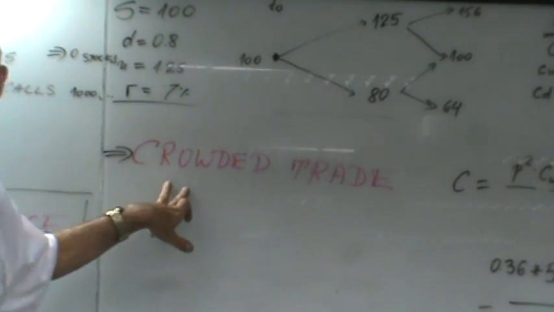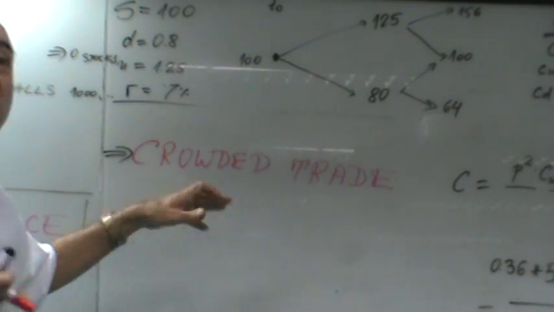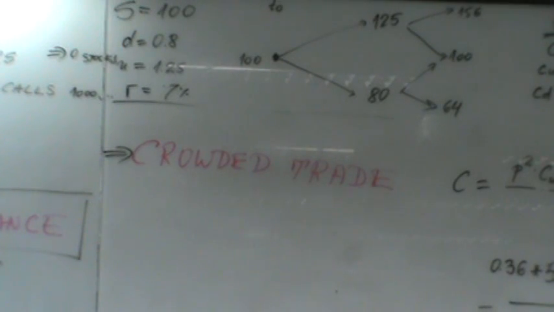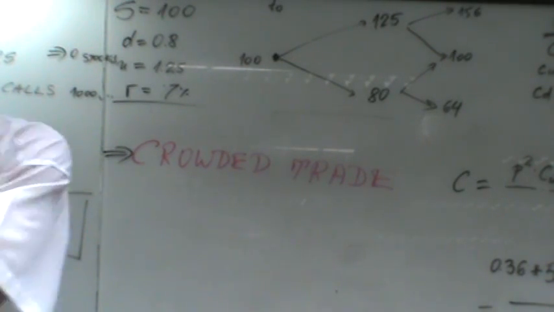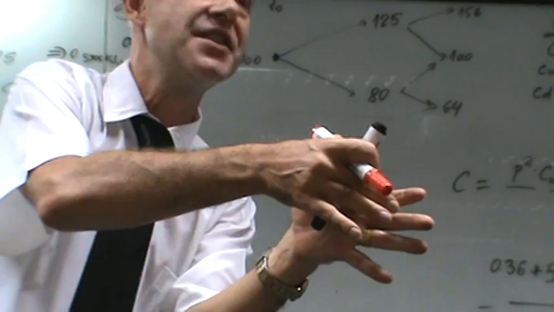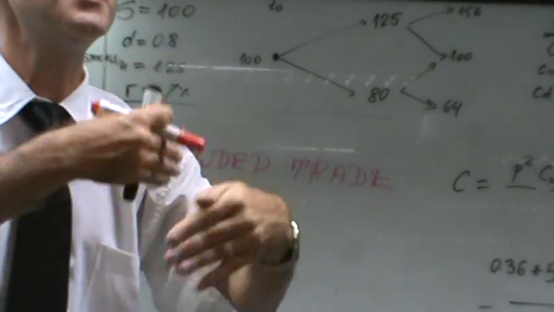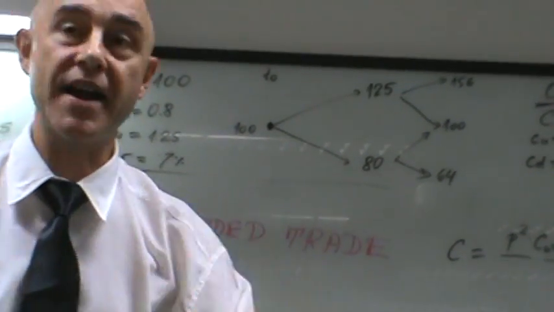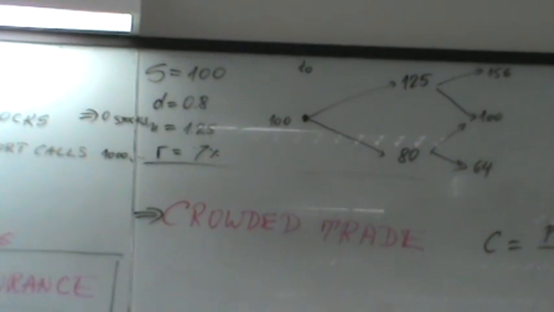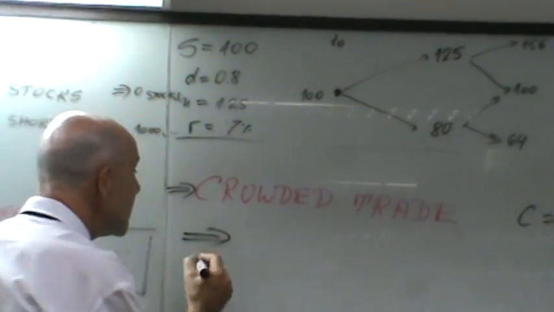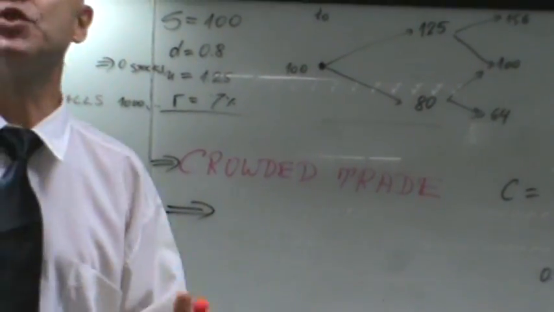Crowded trades never work because when everyone's on one side and the market starts moving in the other direction, you get a terrible feedback. So, crowded trades simply means everybody doing the same thing.